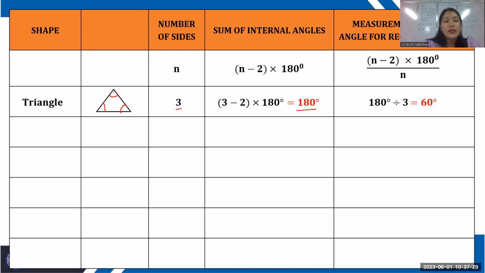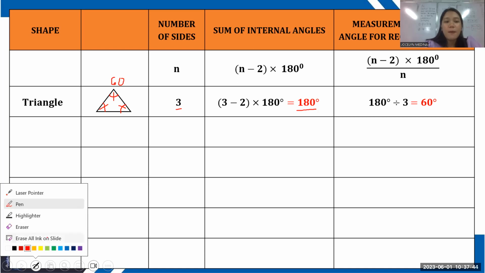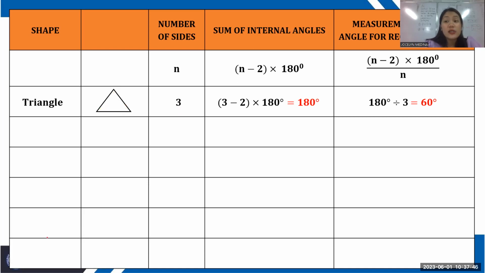Ibig sabihin, this interior angle is 60 degrees. Yung pangalawa naman, 60 degrees din. Yung pangatlo, 60 degrees din. With a total of 180. Okay? This is just applicable for regular polygon. Kapag pare-pareho yung measurements ng sides.